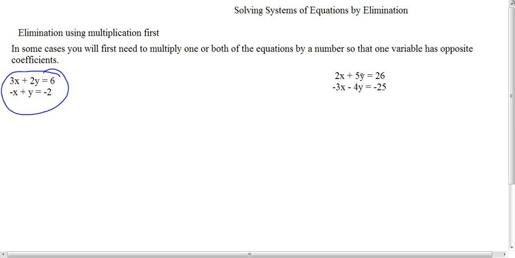If we look at the variable y, using the concept of least common denominator, we can see that 20 is the least common denominator between 5 and 4. So we could multiply the first equation by 4 and get 20y, and the second equation by 5 and get 20y.